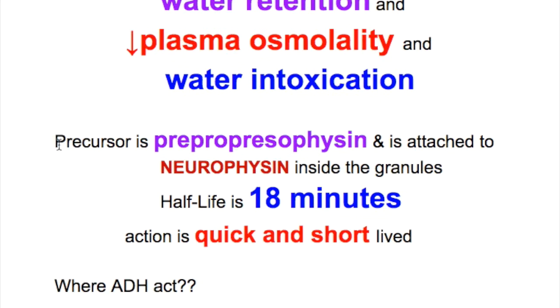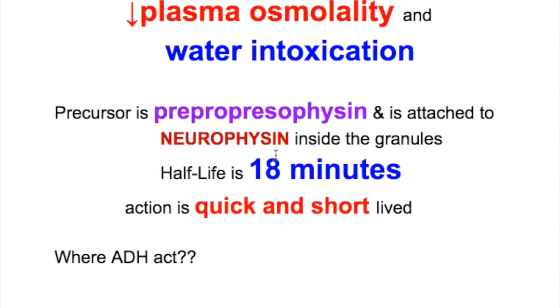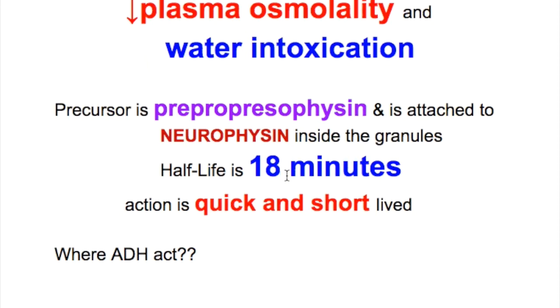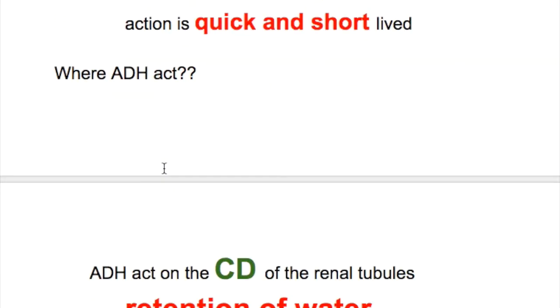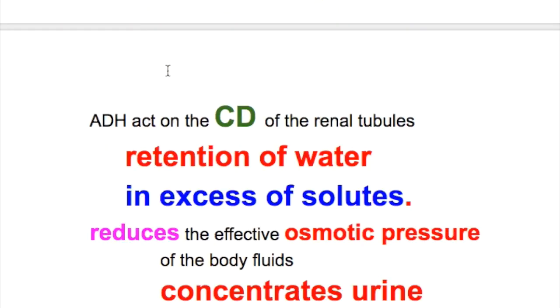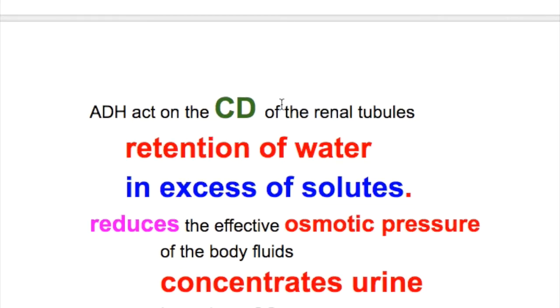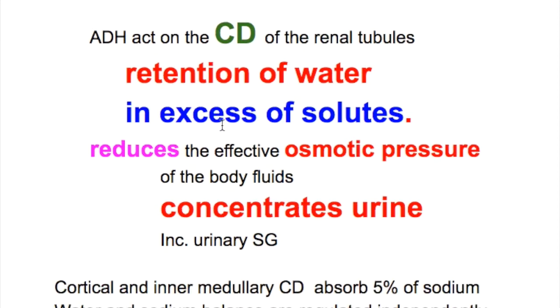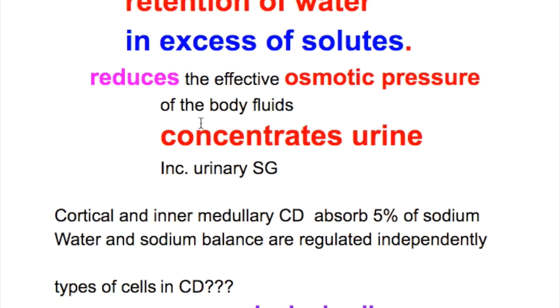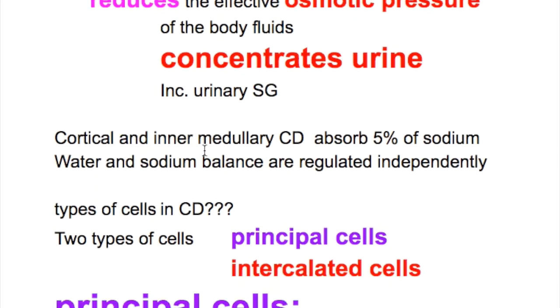So what are the precursors of ADH? The precursor is prepropressophysin and is associated with neurophysin inside the granules. The half-life is about 20 minutes and the action is quick and short-lived. Where does ADH act? Mainly on the collecting ducts of the renal tubule, causing retention of water in excess of solutes, reducing the effective osmotic pressure of the body fluids, concentrating urine, and increasing the urinary specific gravity.